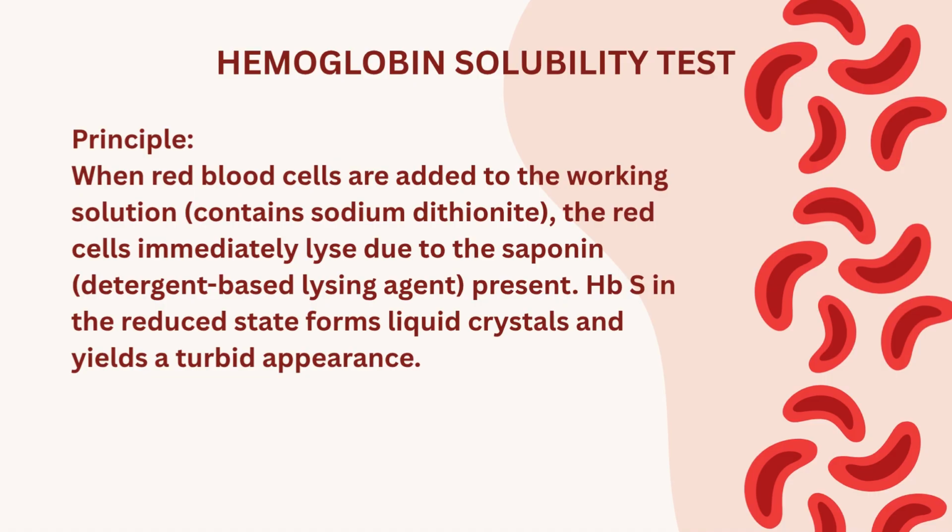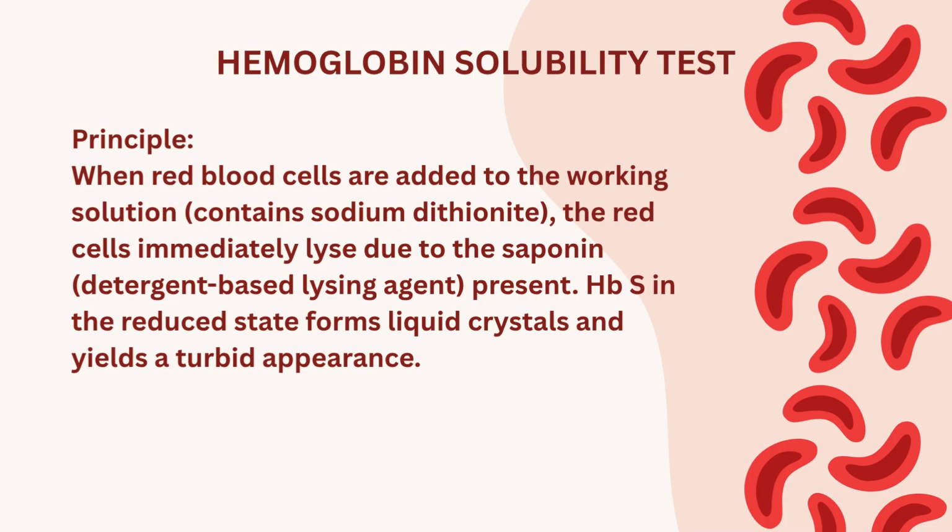So blood is added to a buffered salt solution containing a reducing agent, which is the sodium dithionite, or sodium hydrosulfide, and a detergent-based lysing agent, which is your saponin.